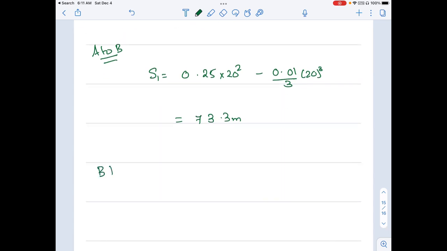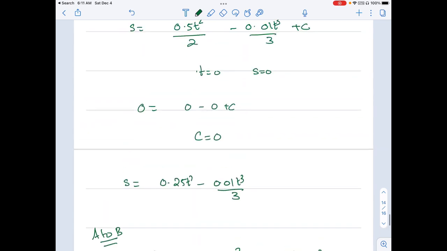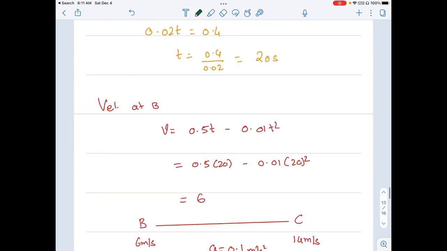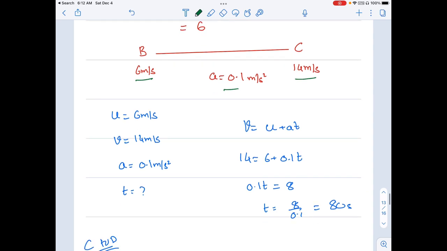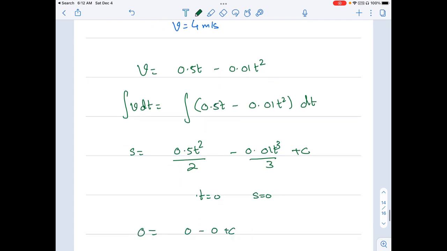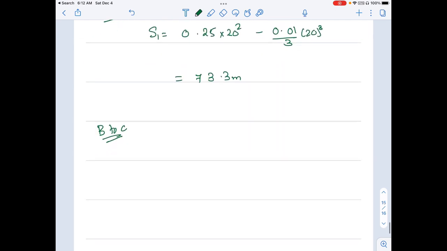Now coming to calculate from B to C. Initial velocity we know, final velocity we know, acceleration we know, and the time also, 80 seconds. So the distance S2 will be equal to half times u plus v times t, that is average velocity times time.